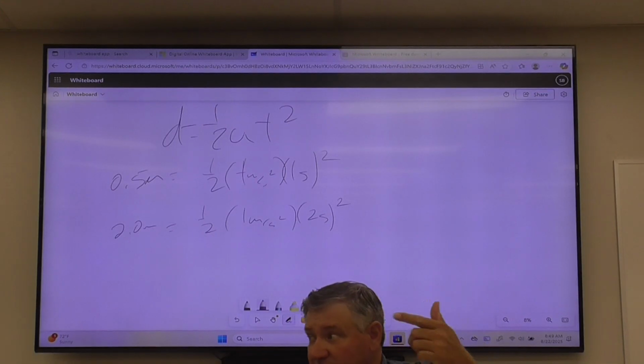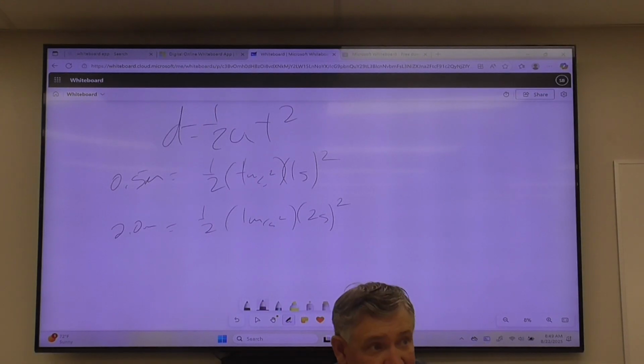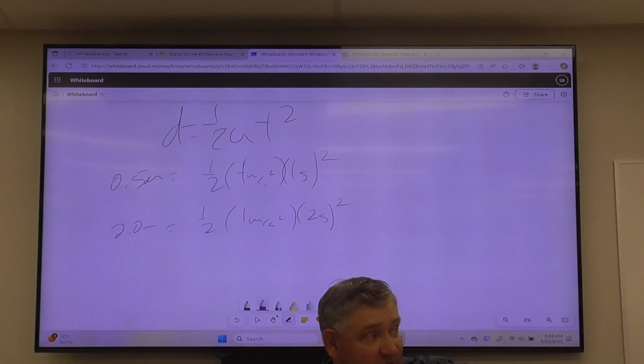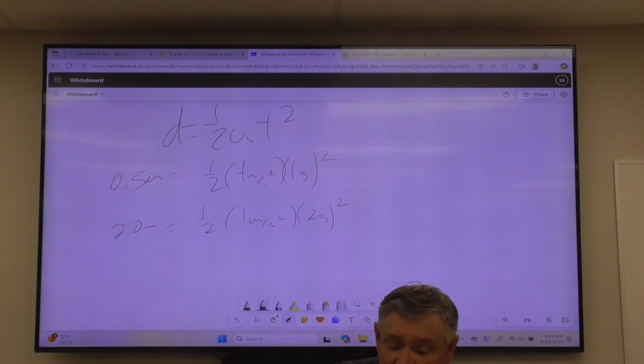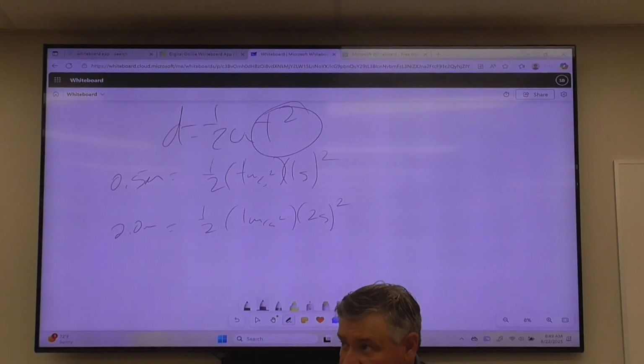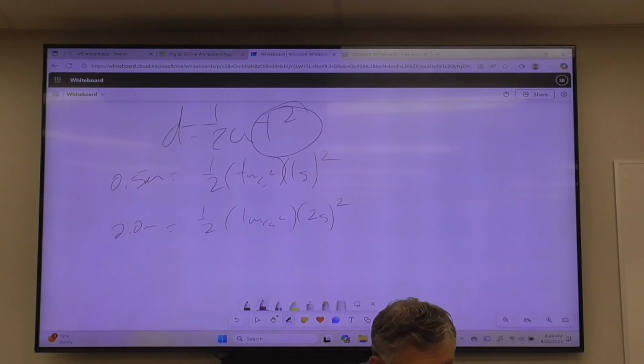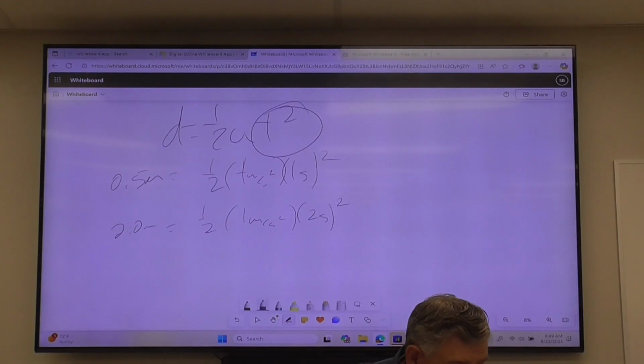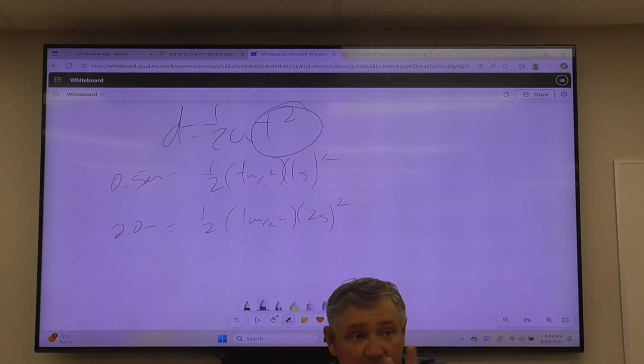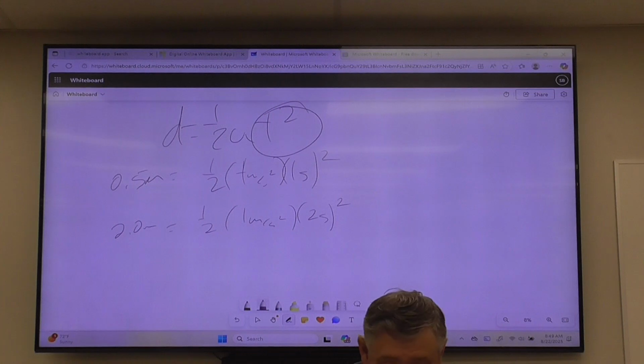So if I take 2 and divide it by 0.5, I get 4. So it's gone up by a factor of 4. So anytime you see something that's squared and you double it, it has a 4-time increase in what you're talking about.